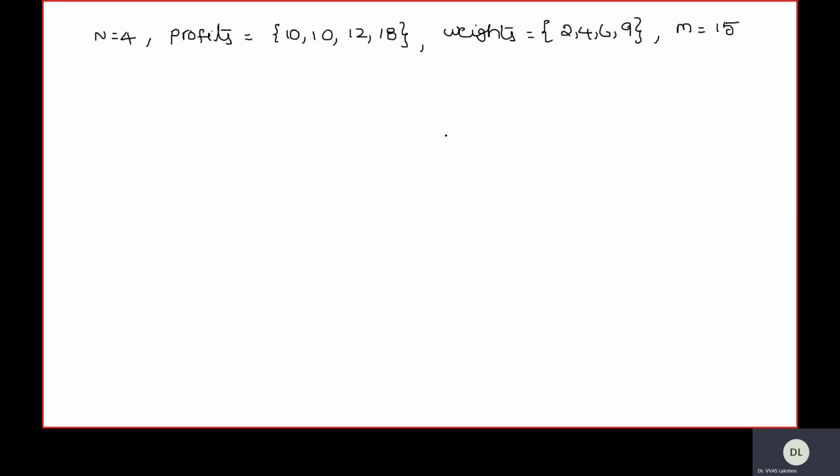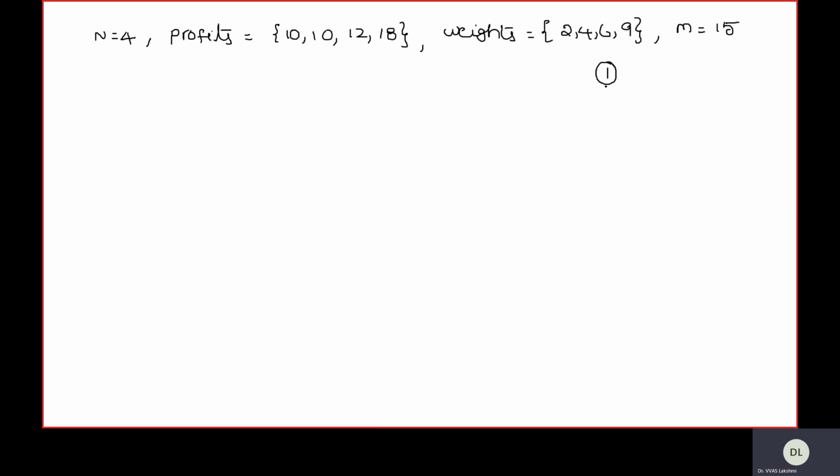So here we are going to solve the knapsack problem using FIFO branch and bound technique. For any branch and bound technique, the root node starts with 1. This node is known as E node. E node means expanded node.